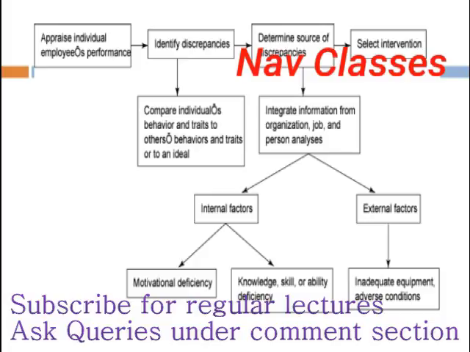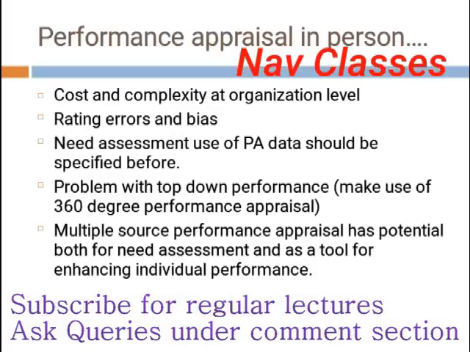For example, if they are not motivated correctly, then motivational programs can be done. If working condition is not good, then external factors are taken care of and management should give them good working conditions for work. Cost and complexity at the organizational level can be taken care of.